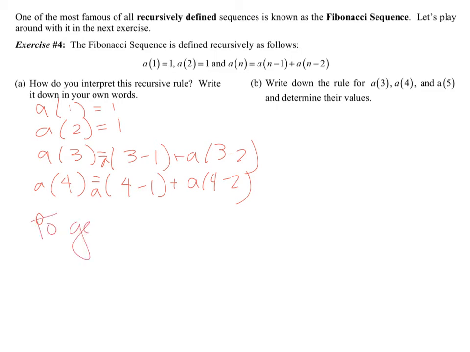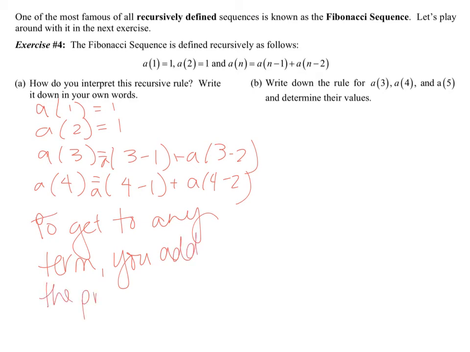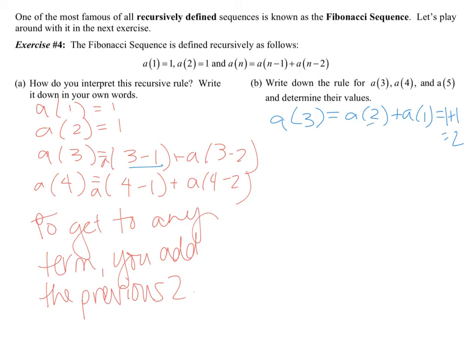So to get to any term, you add the previous 2. For a of 3, it's going to be a of 2 plus a of 1, which is 1 plus 1, which equals 2, because 3 minus 1 is 2, and 3 minus 2 is 1.